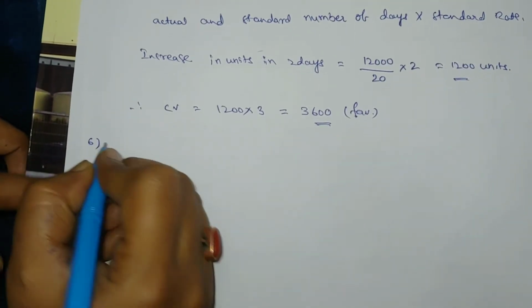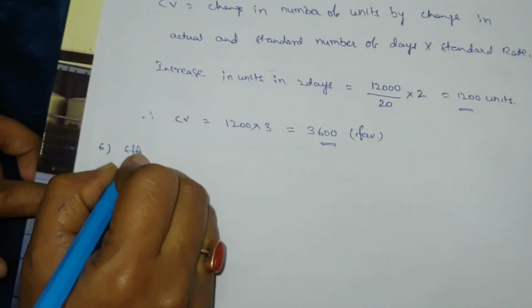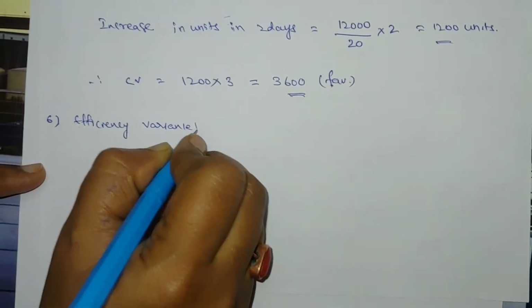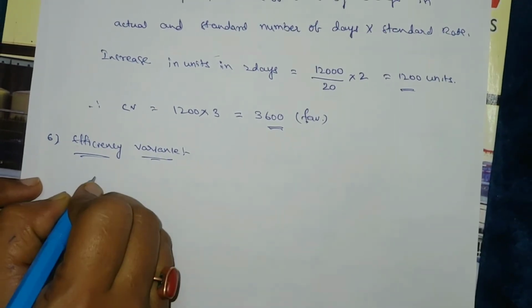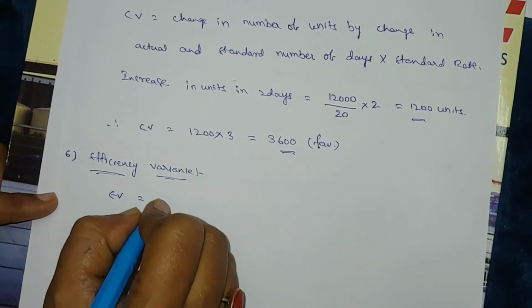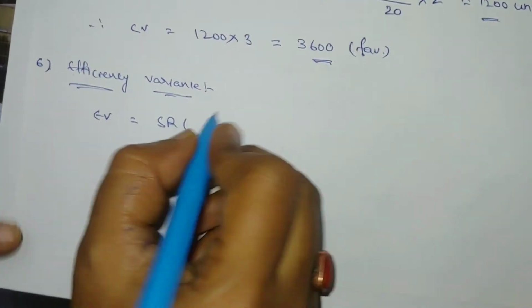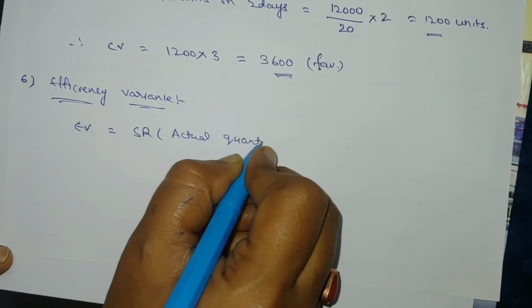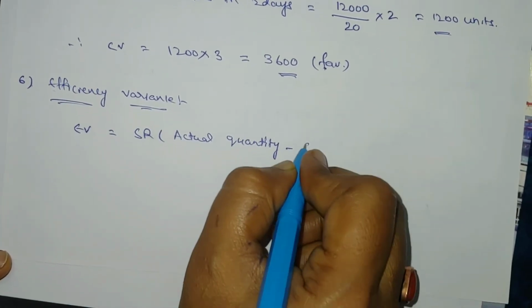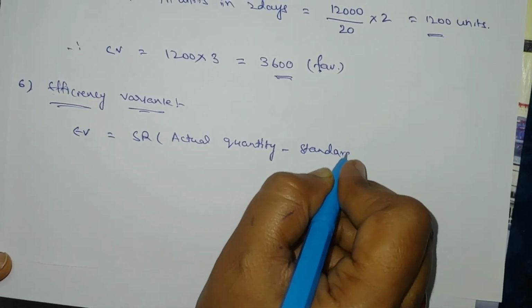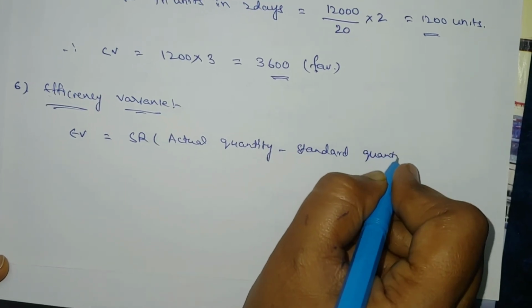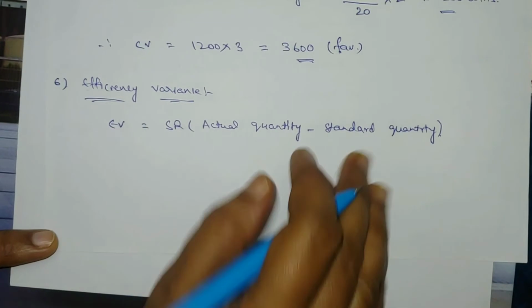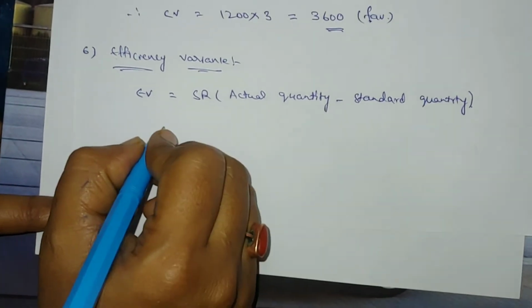Next, sixth, efficiency variance. Efficiency variance is equal to standard rate into actual quantity minus standard quantity. First we have to calculate standard quantity, total standard quantity.